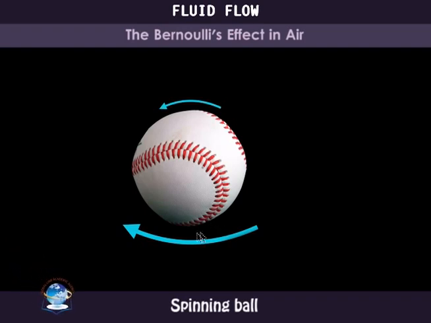But at the bottom, since the wind over the ball and the wind generated by the spinning ball are both going in the same direction, the speed here is higher. So pressure is lower at the bottom, and therefore a force pushes the ball downwards.